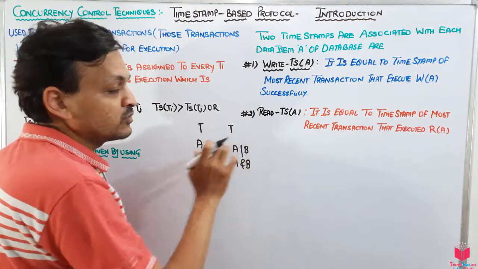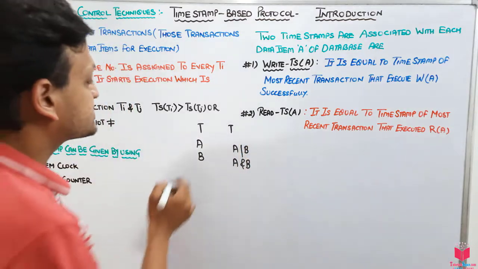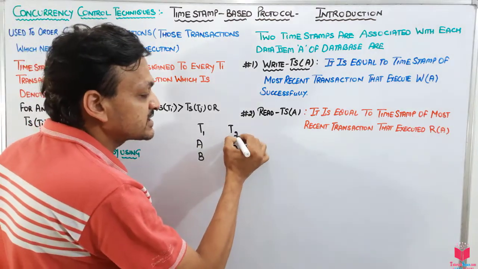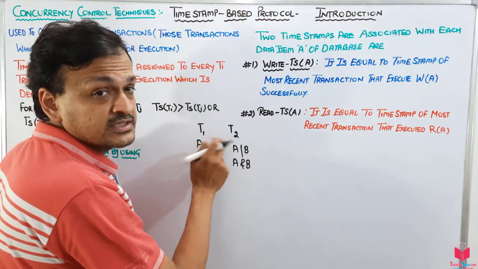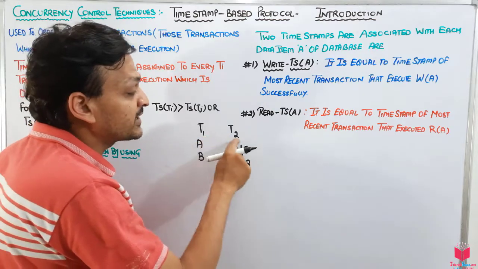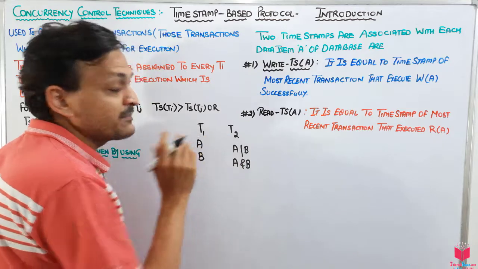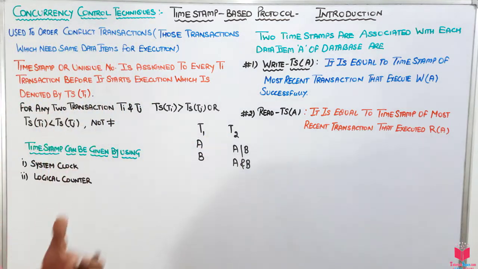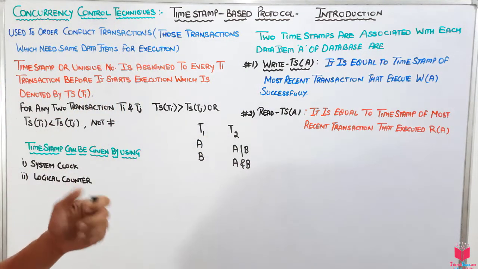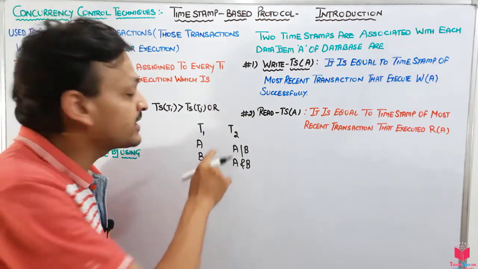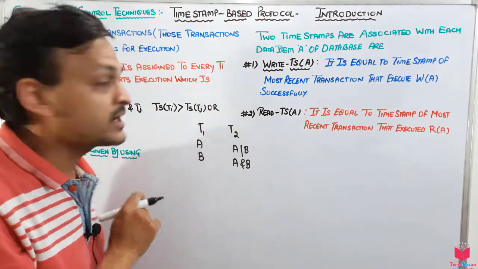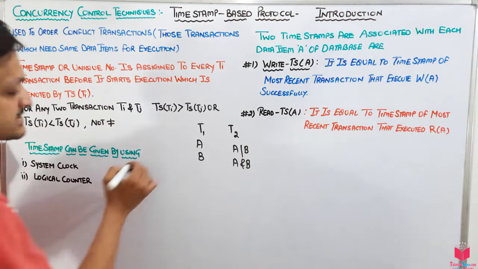We have to give them a name, so I say this is transaction 1 and this is transaction 2 to differentiate them. So we provide a unique number to them. This is called a timestamp, a unique number for uniquely identifying these two transactions, and we denote it by TS(Ti).